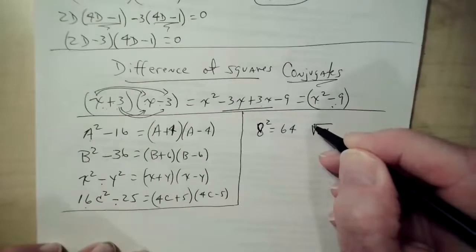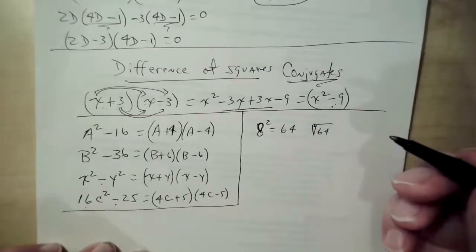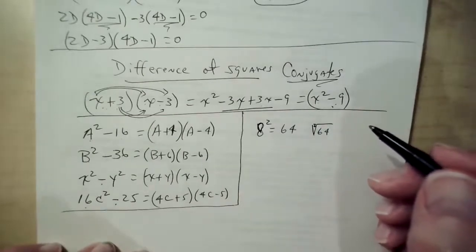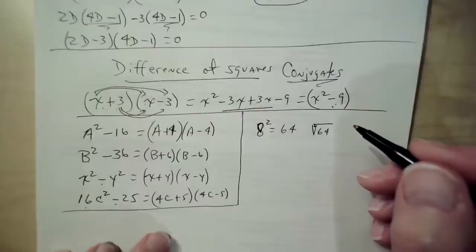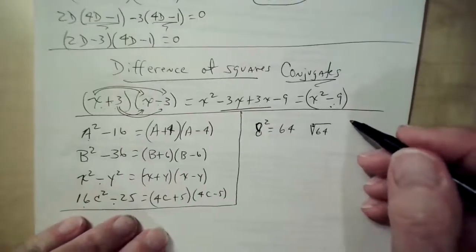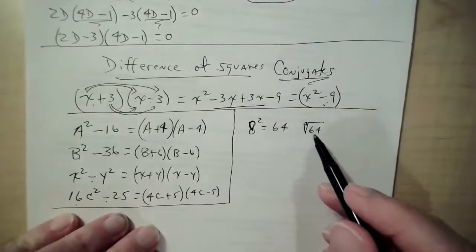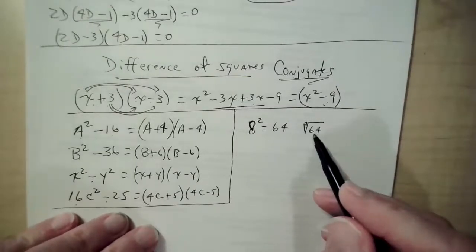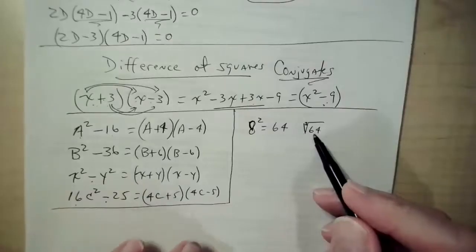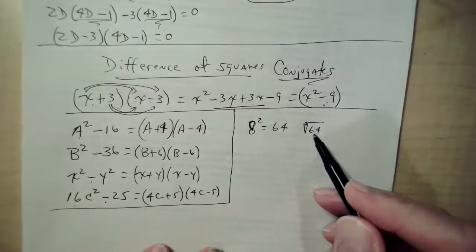Now the square root has an index, and it's a 2. We just don't write it because we don't have to. If it's something other than 2, then we have to write it in there. But what does this mean? What number times itself is 64?